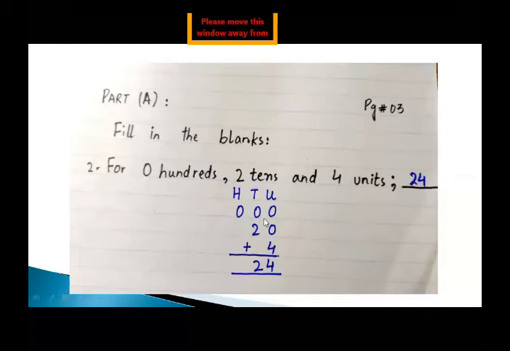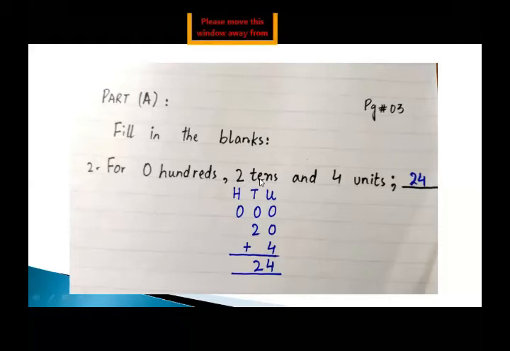So, for your understanding, here you see 0 hundreds means 0 0 0, nothing in the place of 100. 2 tens means 20. Okay, because 2 comes at the place of tens, and you all know very well that when you write expanded form, you will put 0 with that digit to make it in the form of tens.